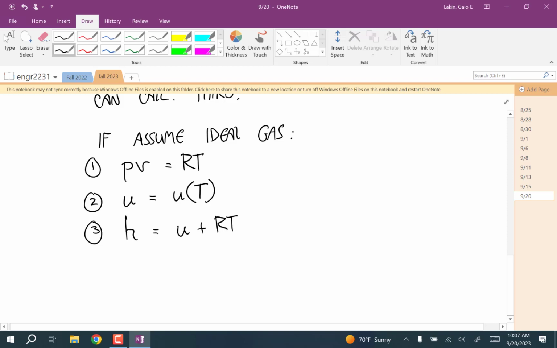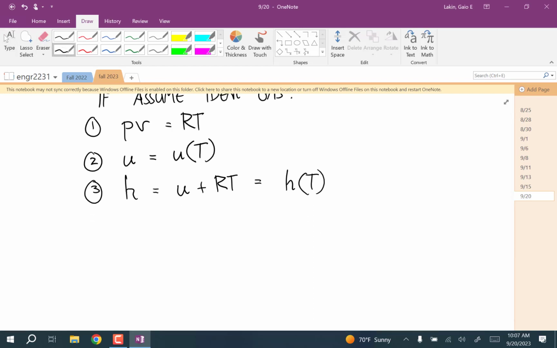And so that's also a function of temperature. The fourth one is that Cv, the specific heat for constant volume, simplifies to just du/dT.